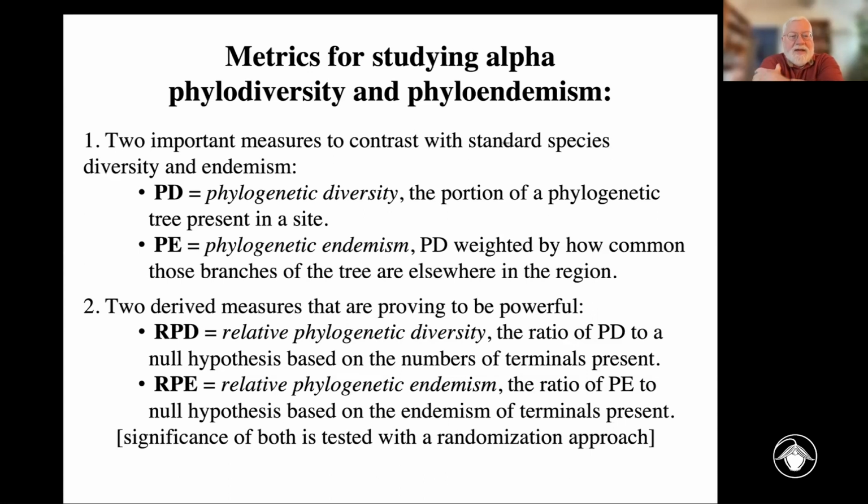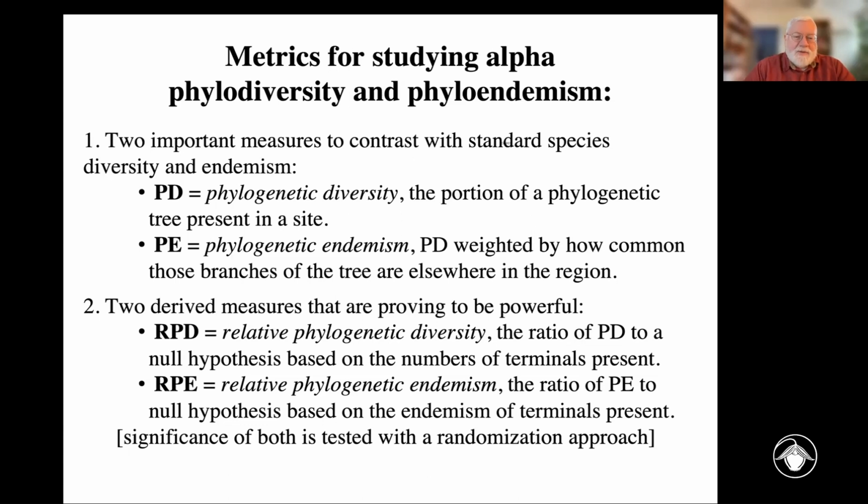And there are two derived measures that we're going to use a lot that I want to introduce first, which are ratios. Relative phylogenetic diversity is the ratio of PD on the original tree, whether it's a chronogram or a cladogram or a phylogram, to another topology, where all the branches are equal, like the cladogram.